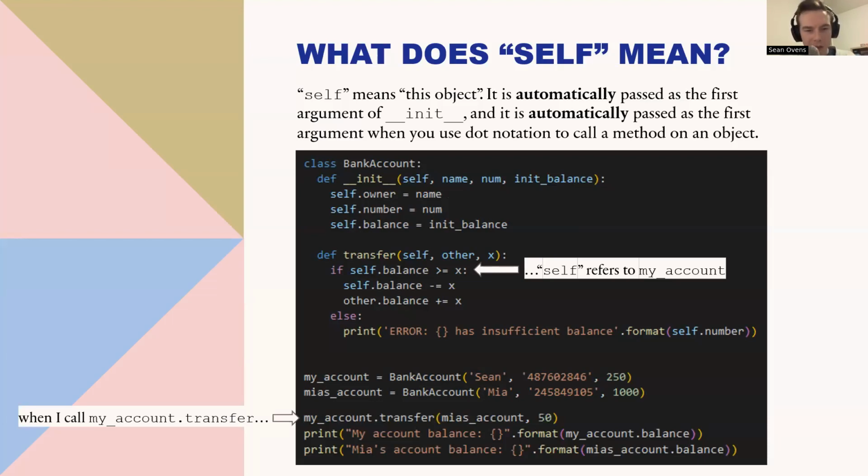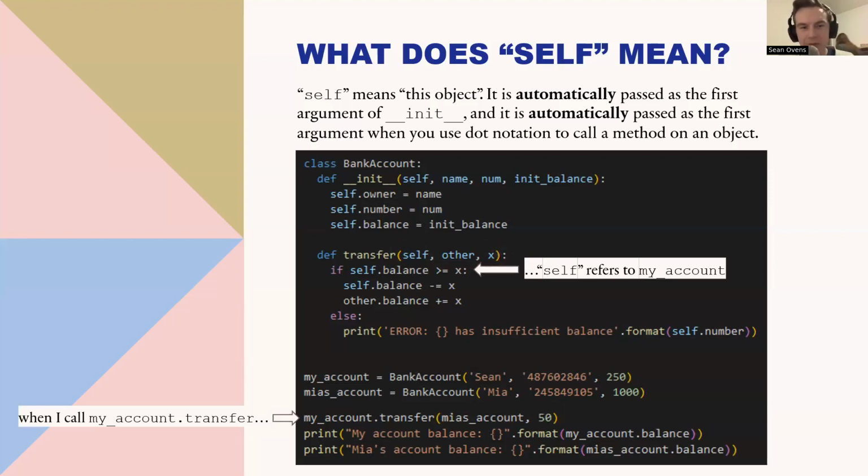And as I mentioned earlier, self is not only automatically passed to the init method when we're initializing an object, it's also automatically passed as the first argument when we use dot notation to call a method on an object. So when we call myAccount.transfer here, we're calling the transfer method with the arguments Mia's account and 50. But as we can see, transfer actually takes 3 arguments. It takes self, other, and x.